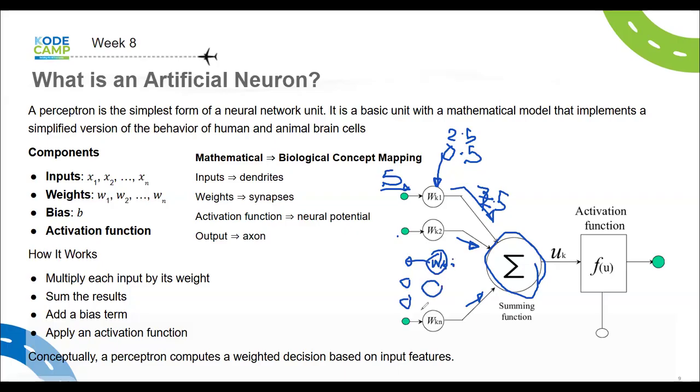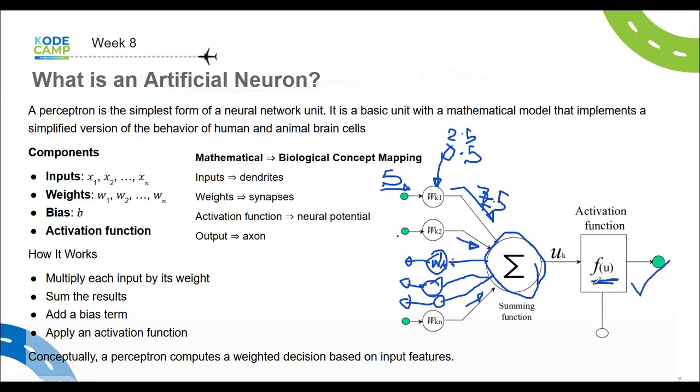And each of those eventually will get either boosted or attenuated. And ultimately, what you see in this is a weighted sum of the inputs across the weights. So you have a sum ultimately. That summing function, okay?